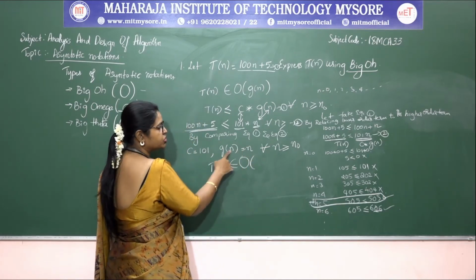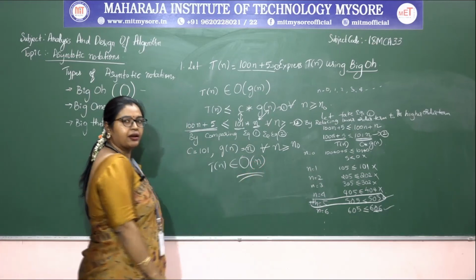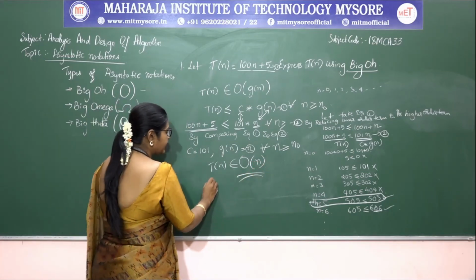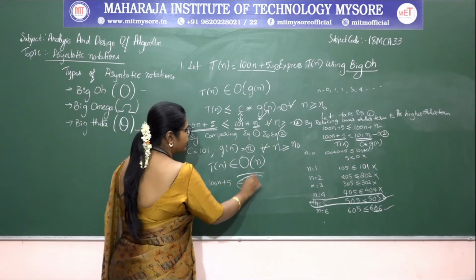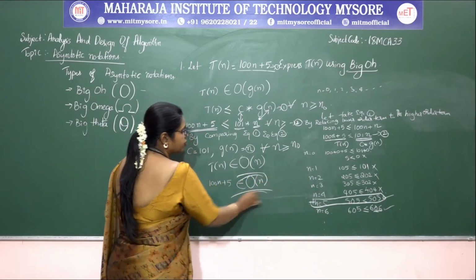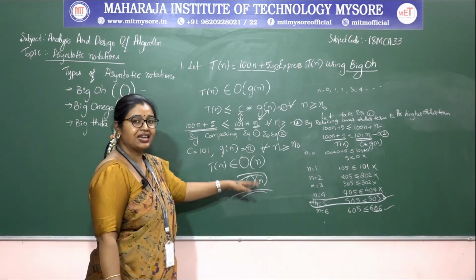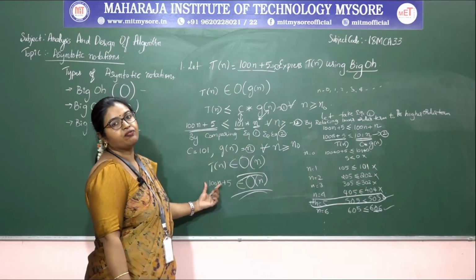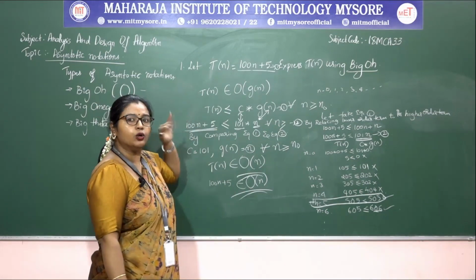What is G of n? G of n is nothing but the value n. Or else we can say 100n plus 5 belongs to big O of n for all sets of n inputs. So this algorithm's efficiency lies under this T of n only. That is your big O notation.